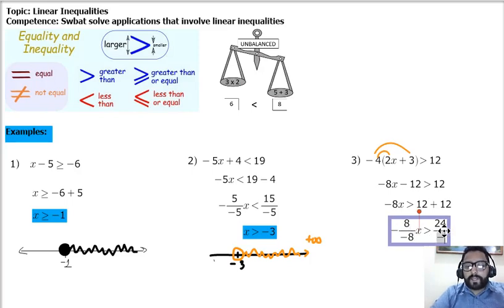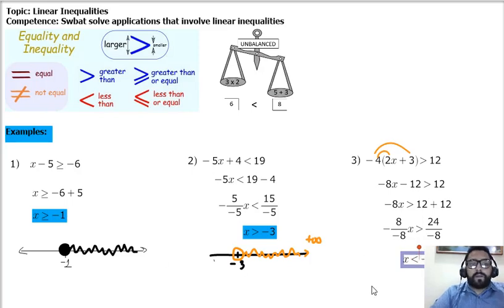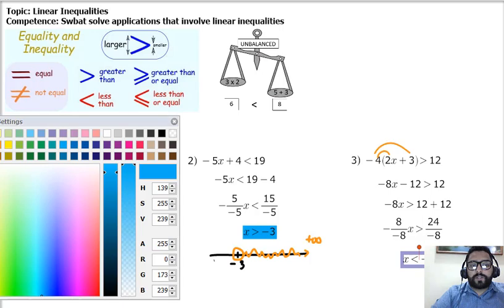But remember, in this case, if you divide both sides by a negative number, you need to change the direction of the inequality. In this case, it's greater than, so we are going to change it to less than. So it's going to be less than 24 divided by negative 8, which is negative 3, and we have already finished the exercise.